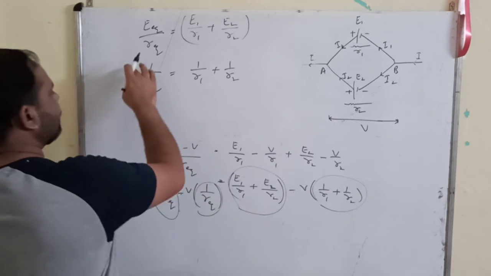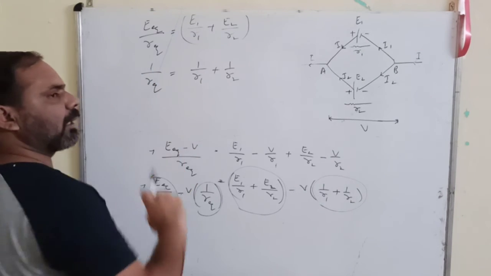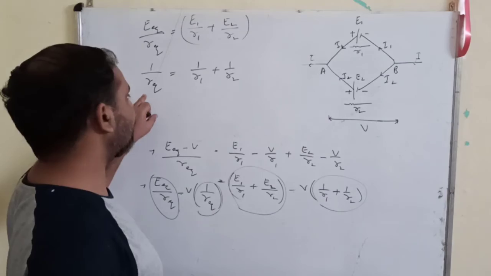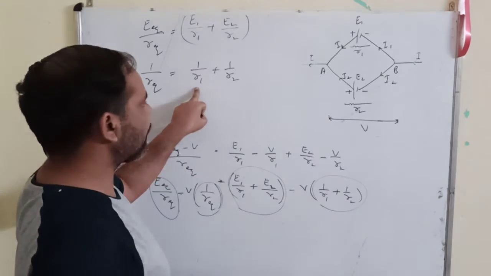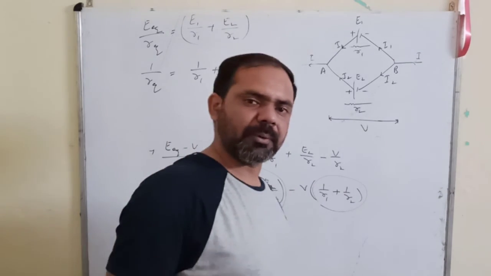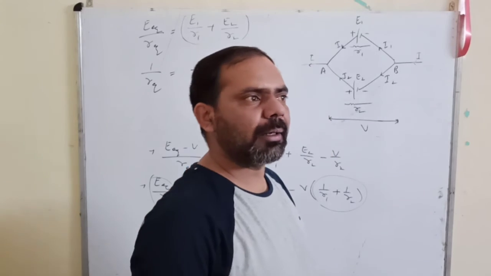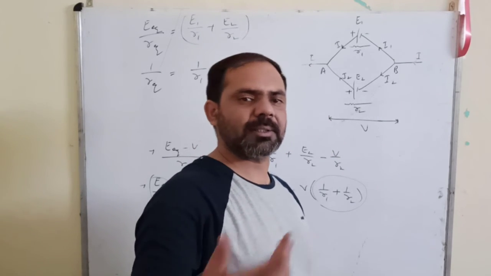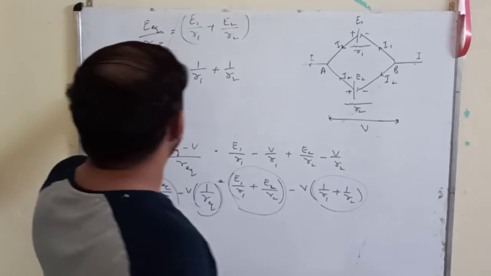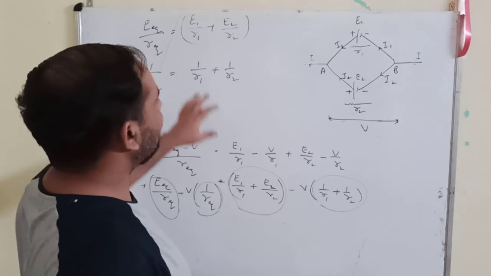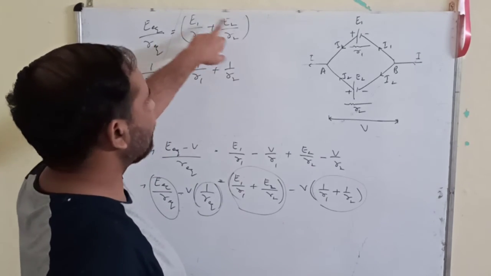So this is the expression to calculate the equivalent resistance. The reciprocal of the equivalent resistance in parallel combination is equal to 1 upon R1 plus 1 upon R2, just like your ordinary resistances in parallel combination. But to get the value of the equivalent EMF, we will have to use this formula.